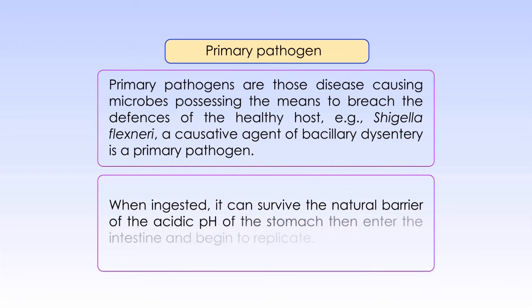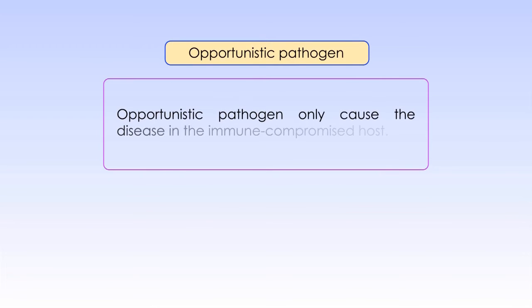When ingested, it can survive the natural barrier of the acidic pH of the stomach, then enter the intestine and begin to replicate, while opportunistic pathogens only cause disease in the immunocompromised host.